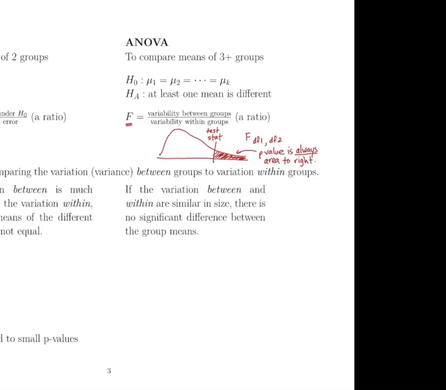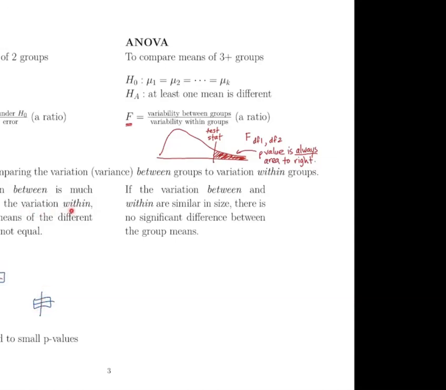So let's kind of think about 2 different scenarios. If the variation between is much larger than the variation within, what would that look like? Well, maybe I'll draw these side-by-side box plots because those are kind of a useful thing. So if I drew you 3 side-by-side box plots that look like this, let's say I had k groups, for example, 3 groups in this case. The variation within the groups: there's not a lot of variation here, not a lot of variation here, and not a lot of variation here.